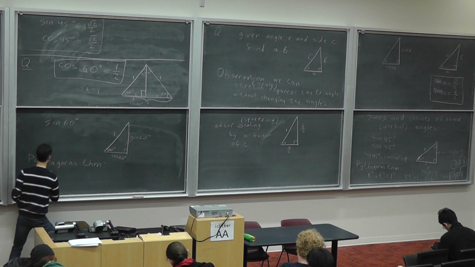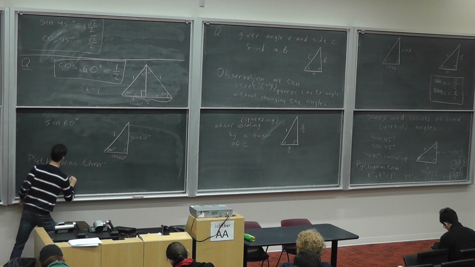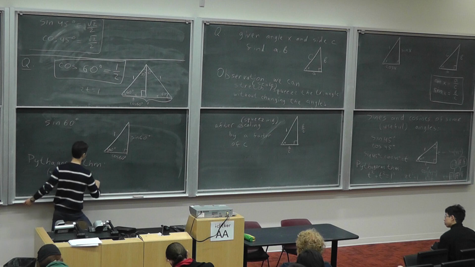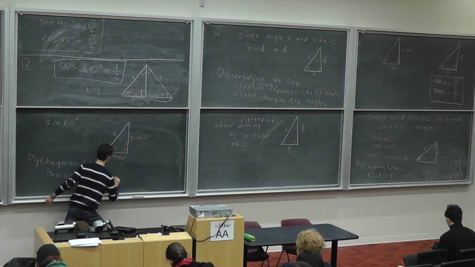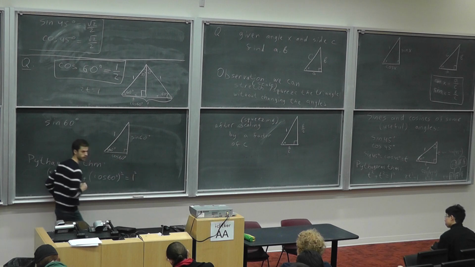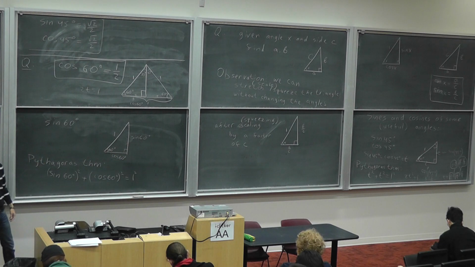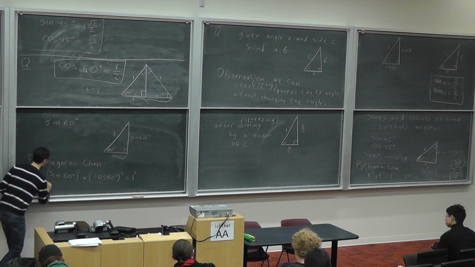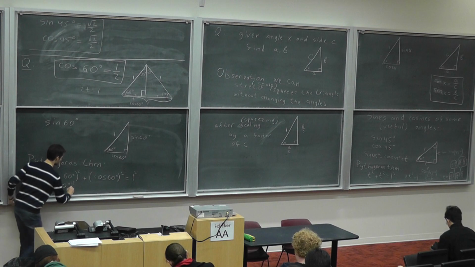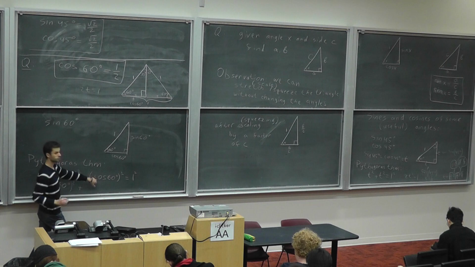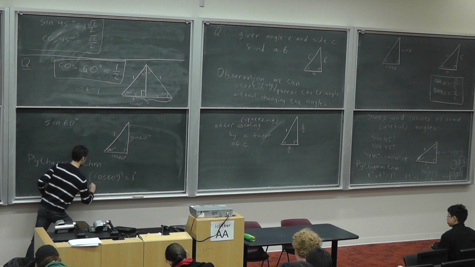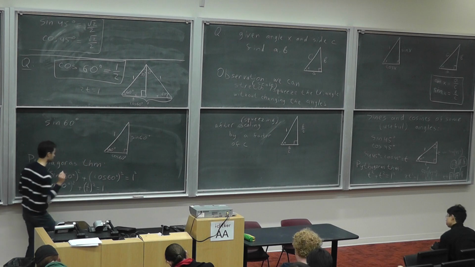So Pythagoras theorem tells you that sine of 60 degrees squared plus cosine of 60 degrees squared is equal to 1 squared. In other words, sine of 60 degrees squared plus cosine of 60 degrees, which we just found was 1/2, squared is 1.